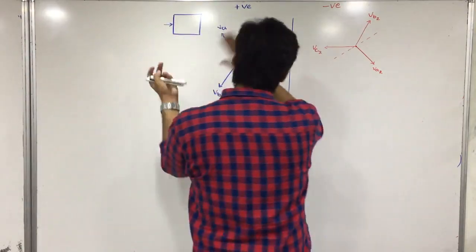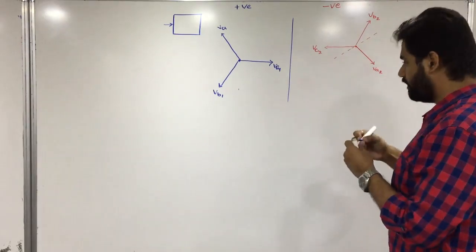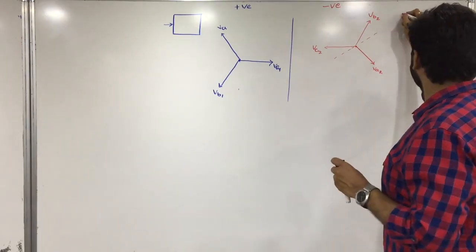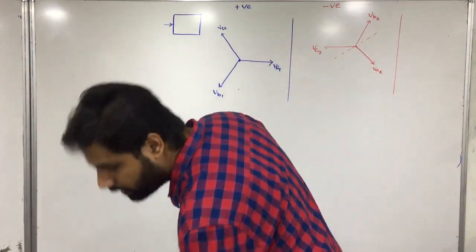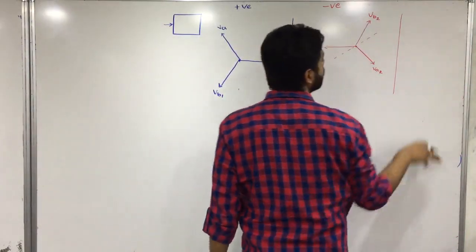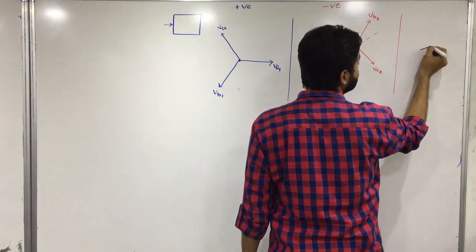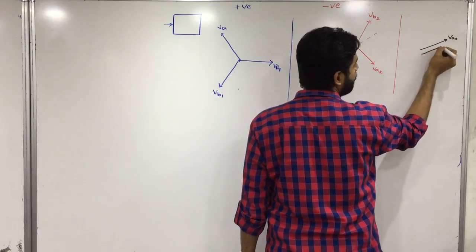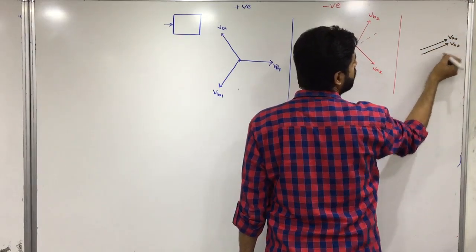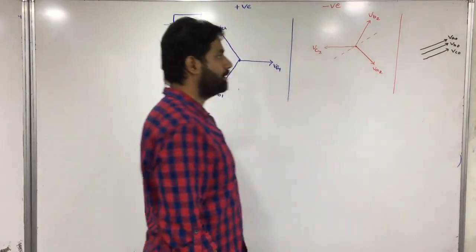And say after conversion I have got the third thing which is like this. Say it is VA0, VB0, VC0. Fine.